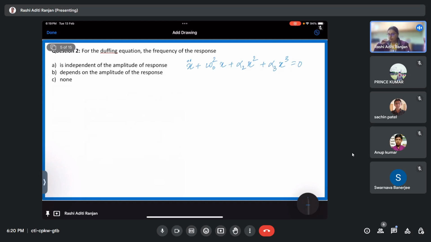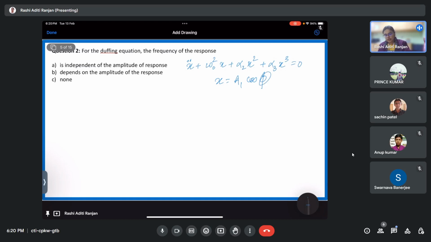So if I want to know the frequency of the response, I don't want the exact equation. I just want to know whether it depends or it does not depend. So what I'll do, I'll just go by trying x equals a1 cos phi. I'll assume that the system is going to behave in a periodic way. It is going to have a periodic oscillation with an amplitude a1 and cos phi.